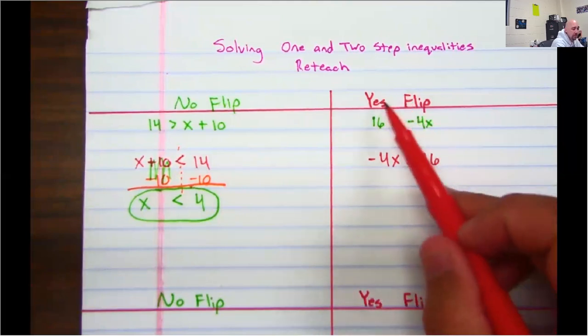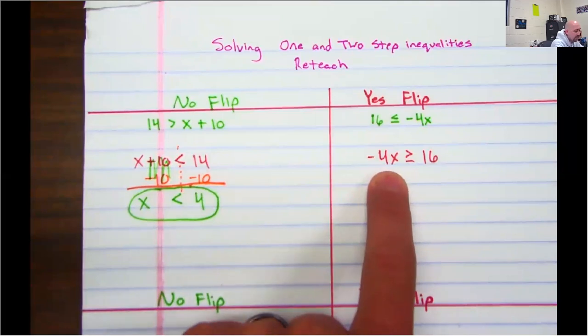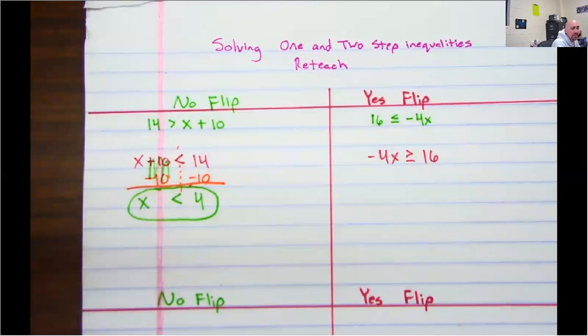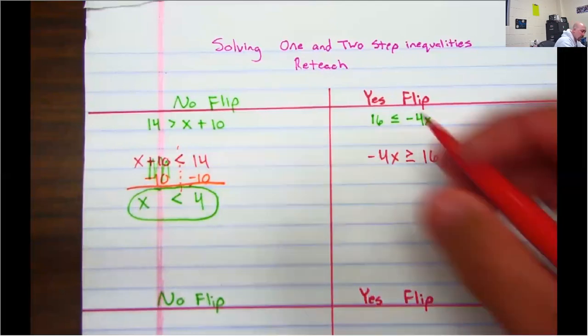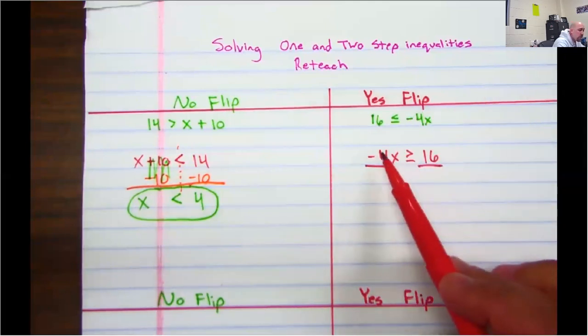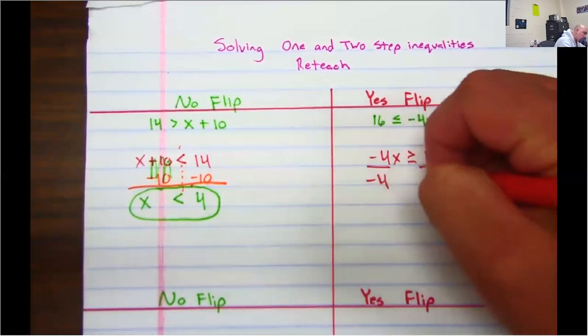Now this one is going to be called a yes flip. The reason being, if you notice the negative 4 and the x, they are combined, which means they are multiplying. The inverse of multiply is to divide. You're going to divide both sides by the number in front of the letter. In this case, it's the negative 4.